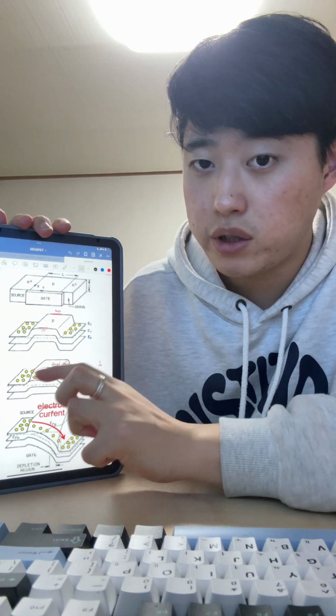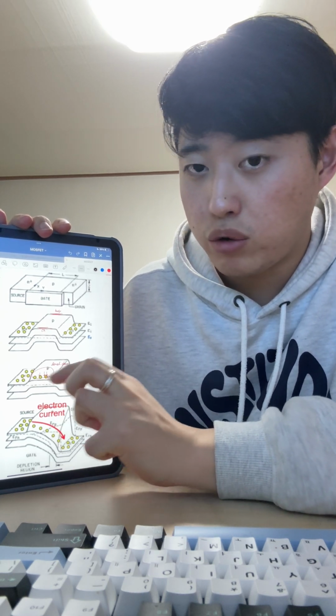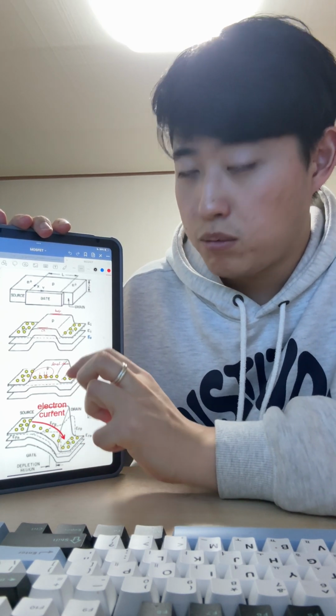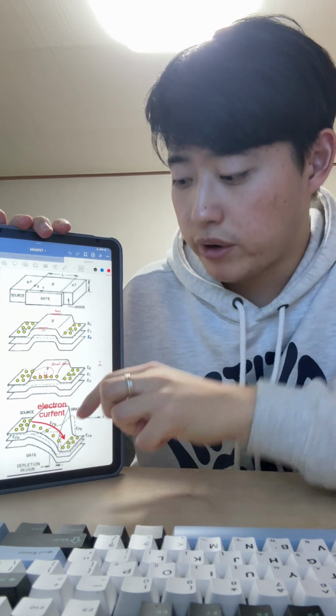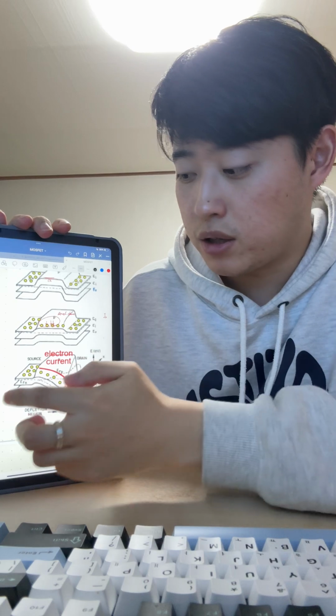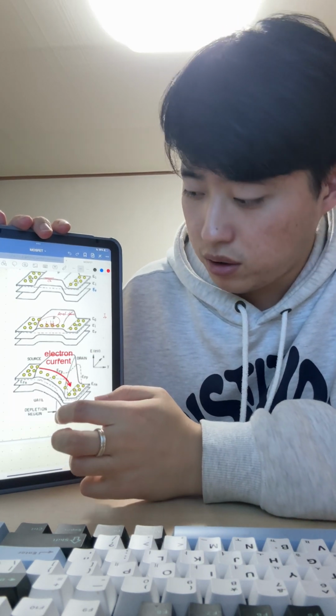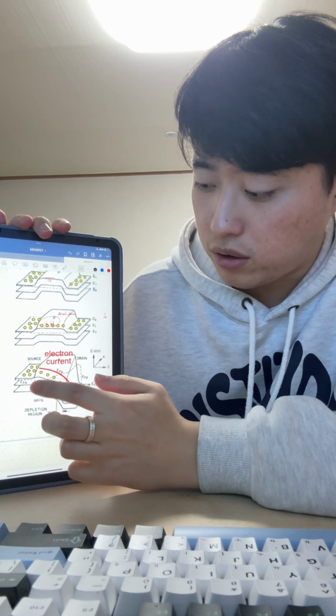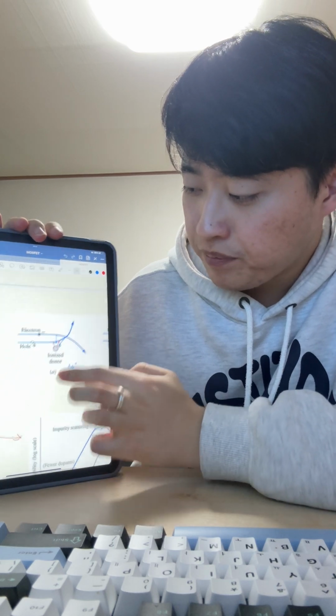So electrons can go through the channel, but there is no current. But if the drain has a plus bias, there is current.